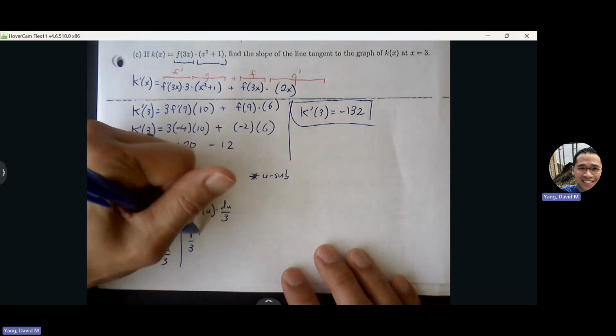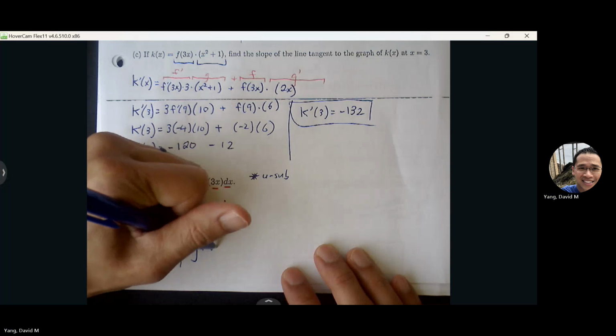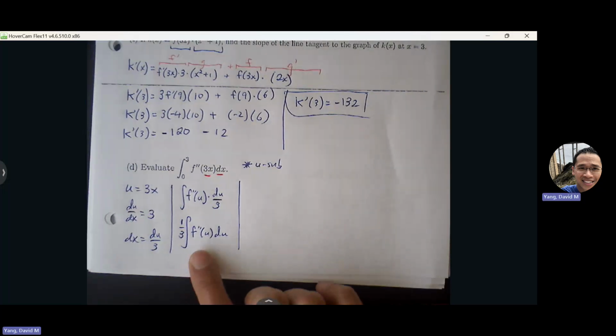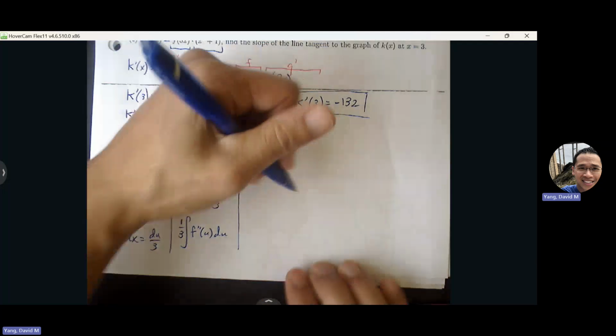There's a 1/3 that's going to come out of that coefficient through u-substitution. And now we can just go through our antiderivative. We know f double prime will rise up to f prime.